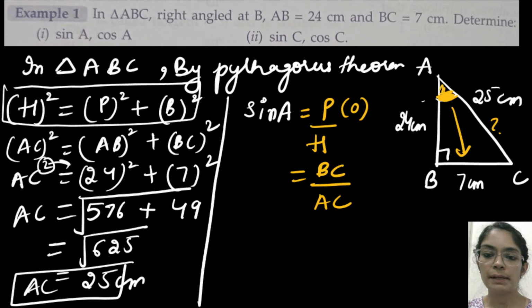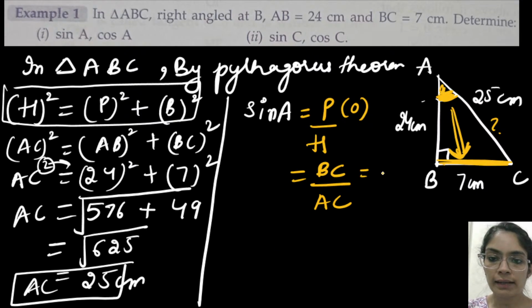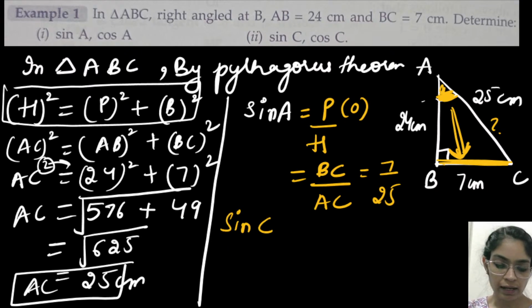With respect to angle A, the perpendicular is the opposite side, which is BC. The value of BC is 7 and the hypotenuse is 25. So sine A is 7 by 25. Many of you gave the answer before me. Very good, the answer was correct.